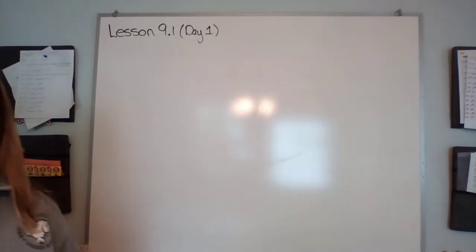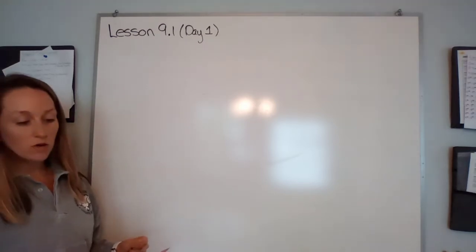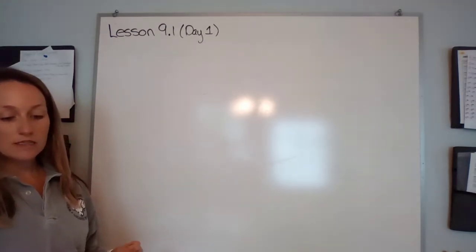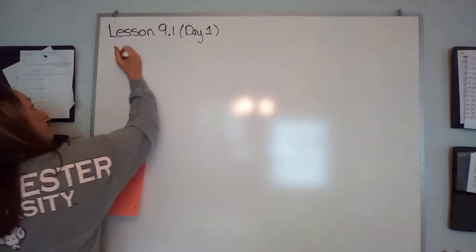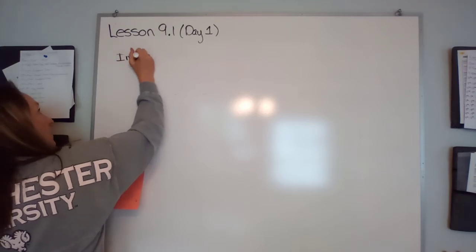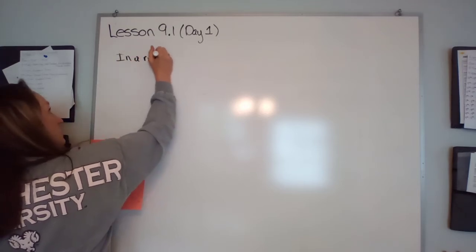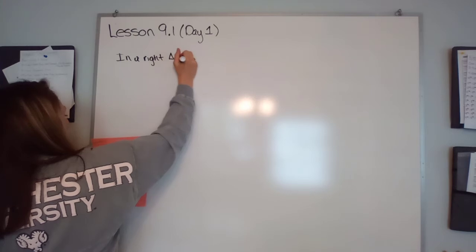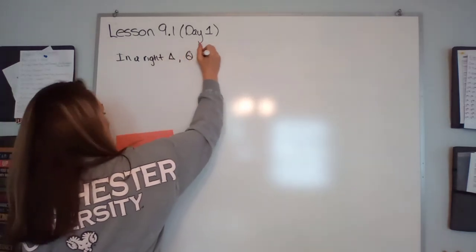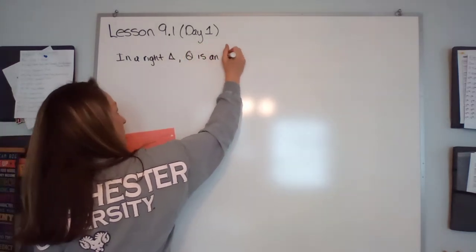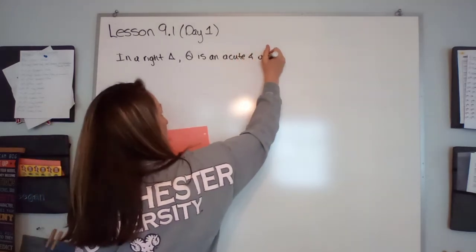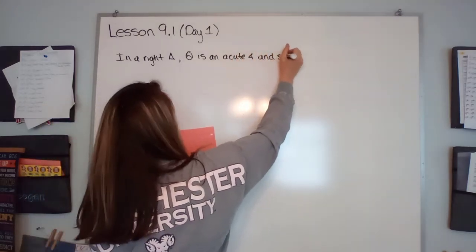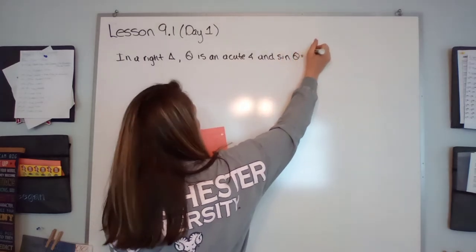So the next problem says, in a right triangle, theta is an acute angle and sine of theta is 5 over 6. Evaluate the other 5 trig functions of theta. So let me write that in. In a right triangle, theta is an acute angle and sine of theta is equal to 5 over 6.